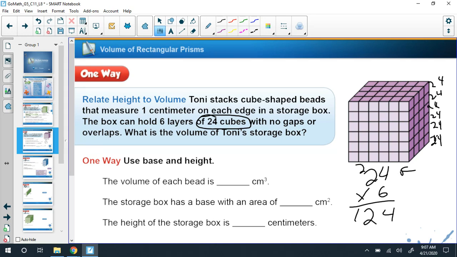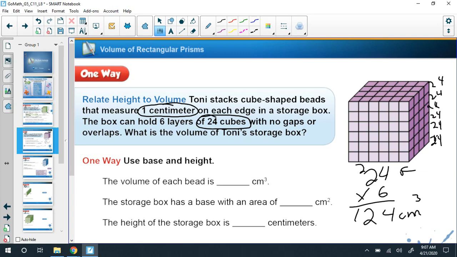And so we have 144 cubes. We take a look here. We know that each one is a measure of 1 centimeter. So they are unit cubes and they are cubic centimeters.